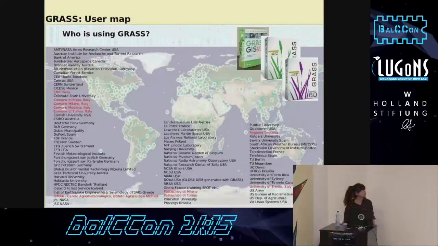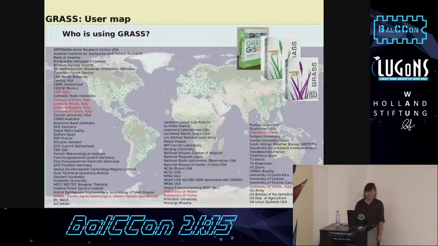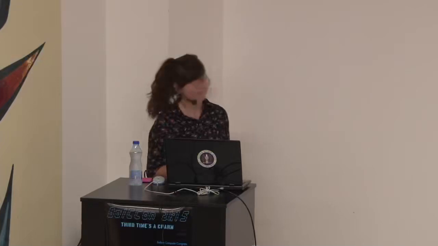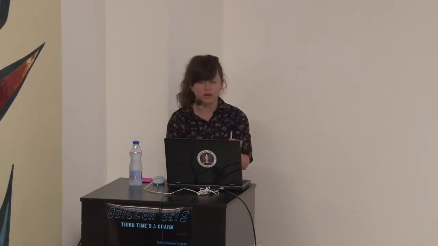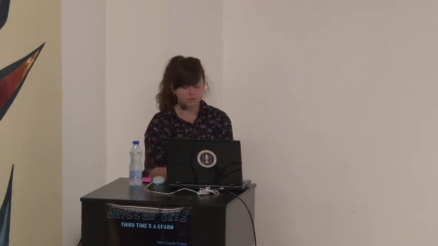Actually, the question is who is using GRASS? As with any open source program, there are a lot of users, not just commercial, but currently GrassGIS is used for academic and commercial purposes, as well as by many governmental agencies, including NASA, NOAA, USDA, DLR, CSR, and the National Park Service.